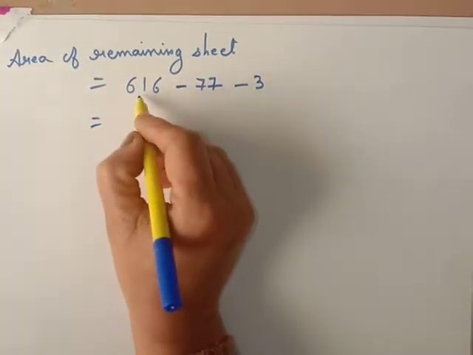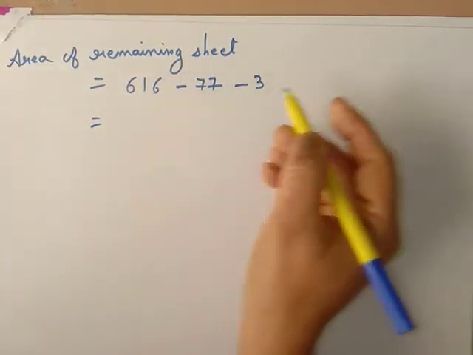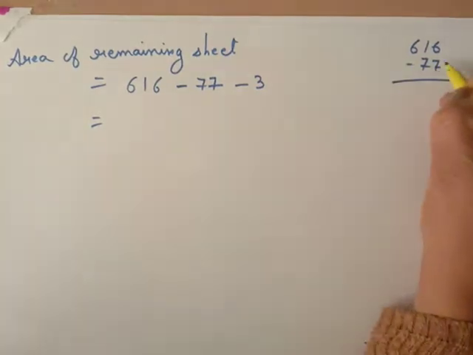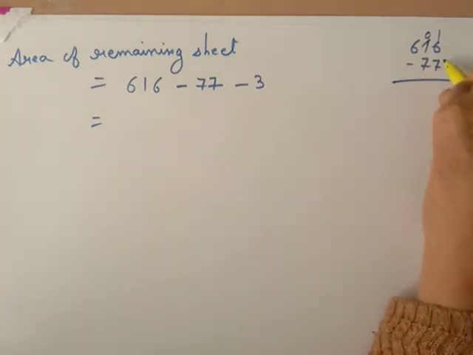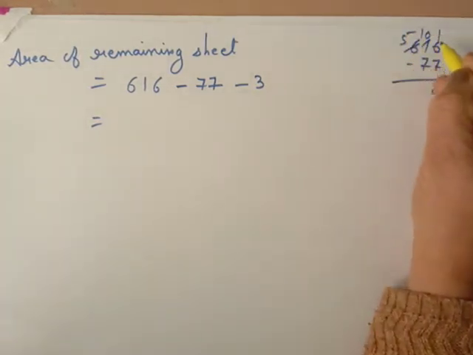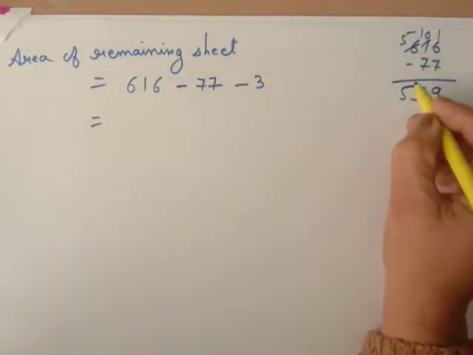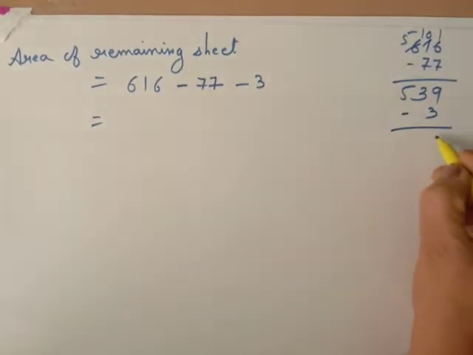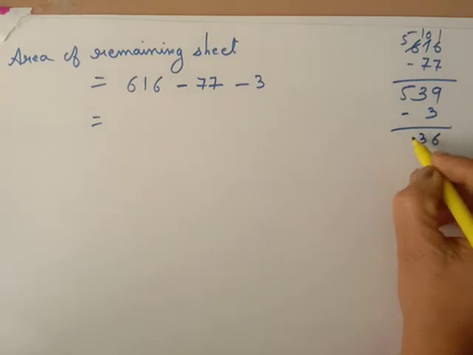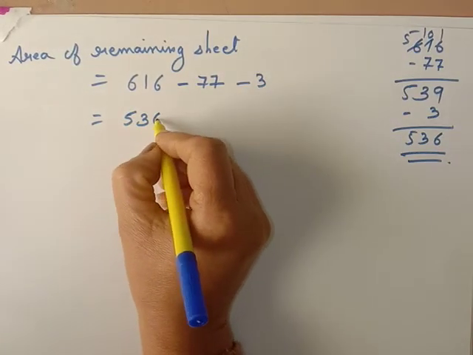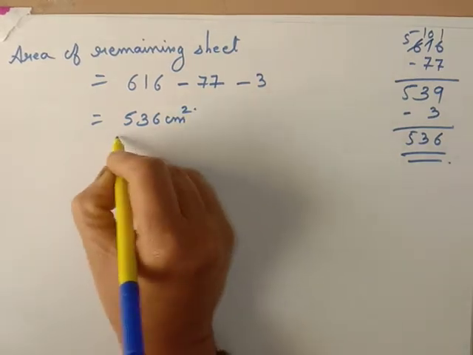First I am subtracting these 2: 616 minus 77, 16 minus 7 you will get 9, 5 minus 7 is 10 minus 7, 3, and 5. Now subtract 3, 9 minus 3, 6. So your final answer will be 536 centimeter square.